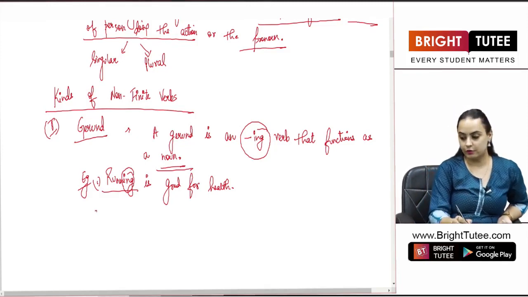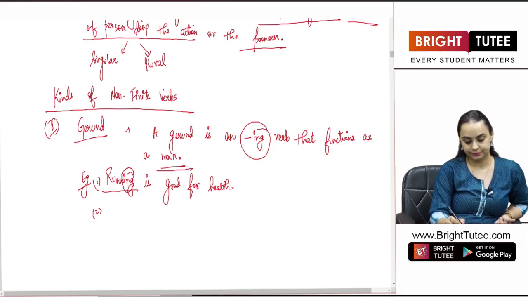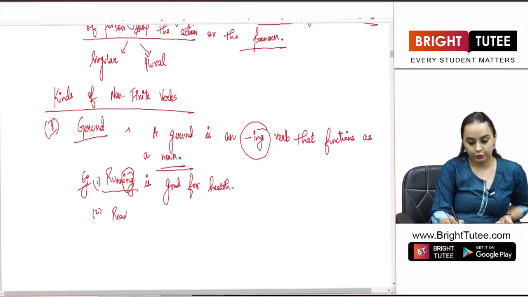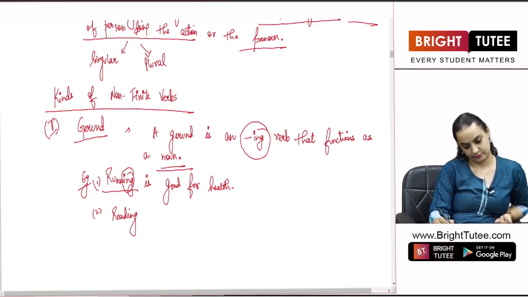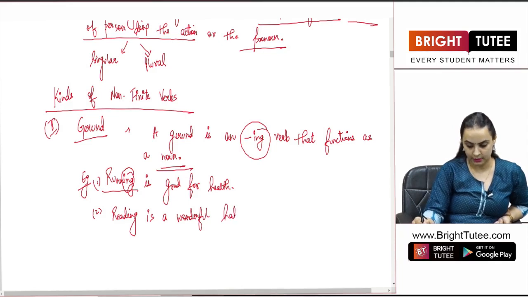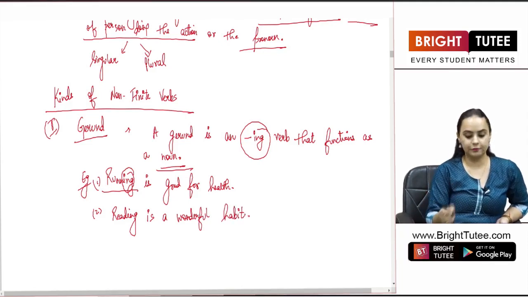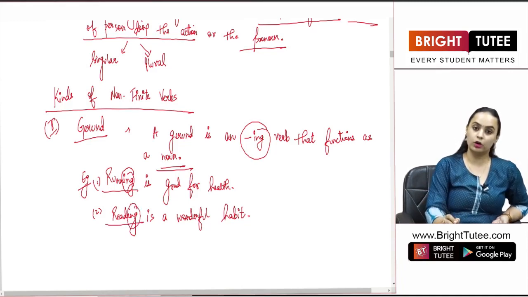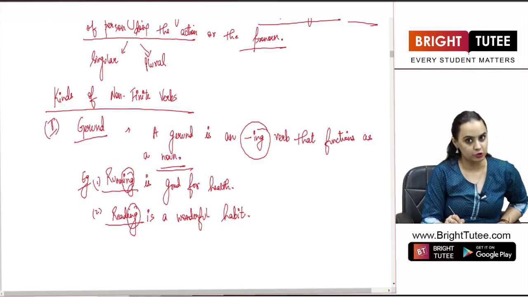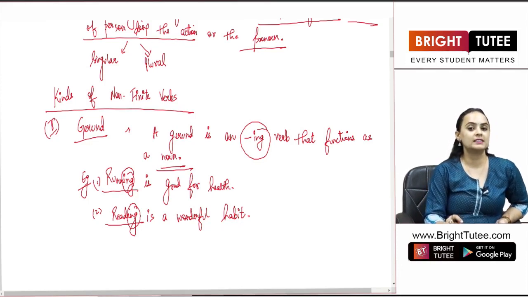So, if I give you another example, reading is a wonderful habit. So, what is a wonderful habit? Reading. So, reading is a verb which ends with an ing, but it also acts as a noun.